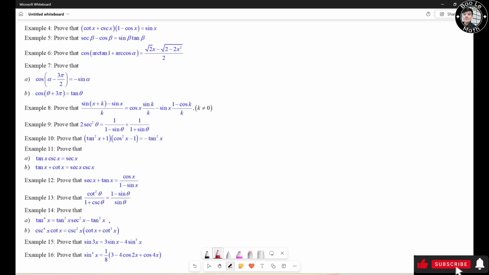Now let's move on to example number 14a. So I'm going to start from the left hand side, right? So left hand side is going to be tangent power of 4s can be written as tangent square of s times tangent square of s, right?